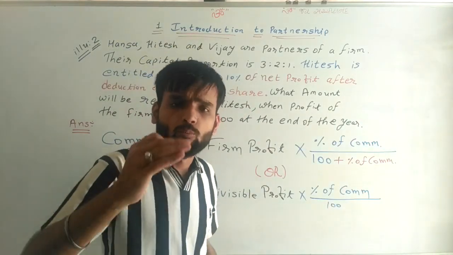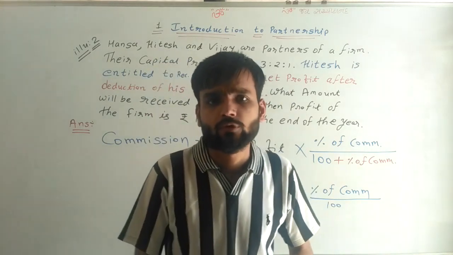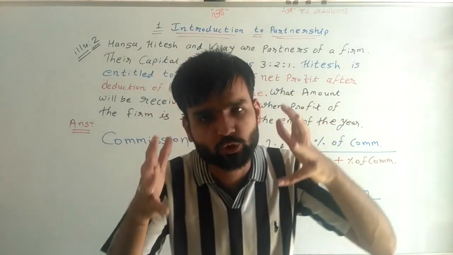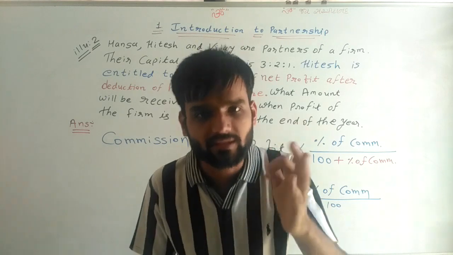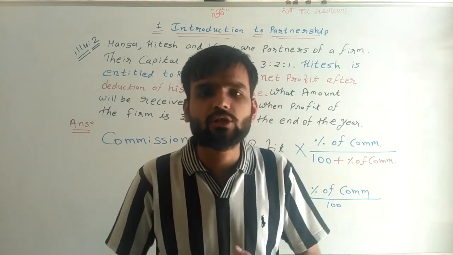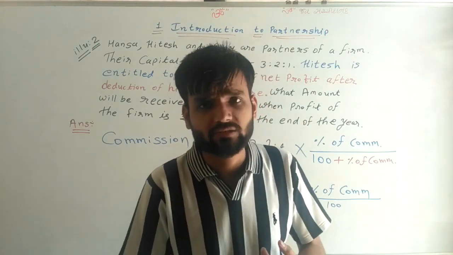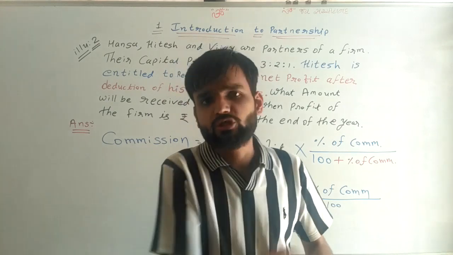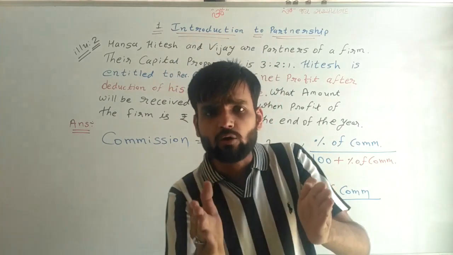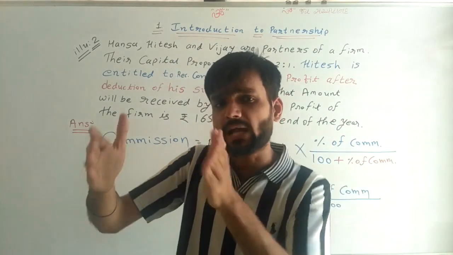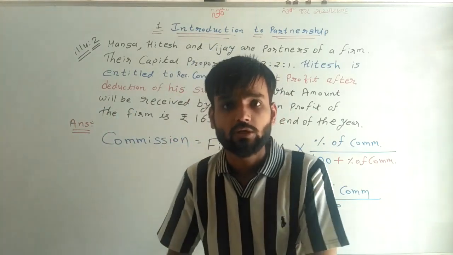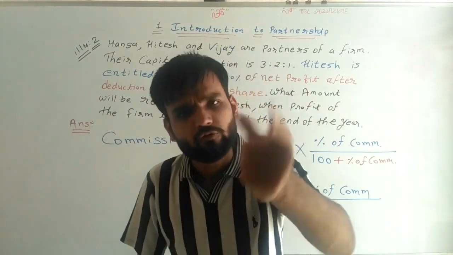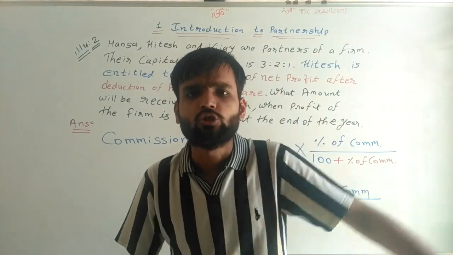Now the most important thing which we are going to start today is commission calculation, and with it, what amount or profit is received by a particular partner. We are going to learn both things today.